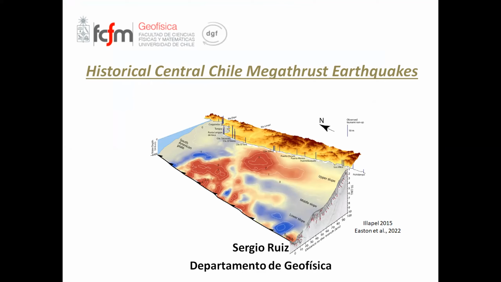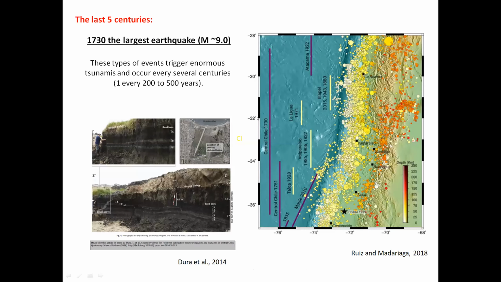So I will not speak about other interesting and destructive earthquakes like the intraplate intermediate depth earthquakes, and also the crustal events, since in Chile we also have some active faults close to the coast.